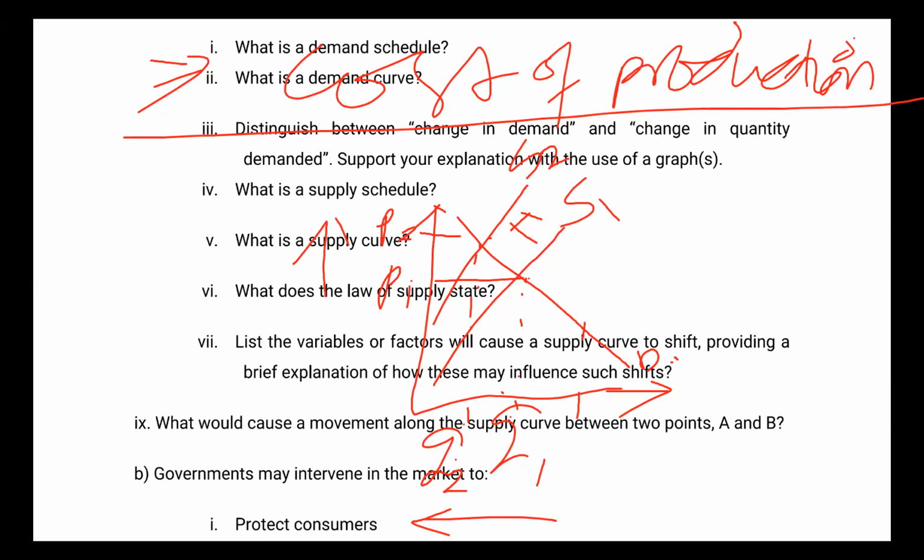When the cost of production reduces, the supply curve will shift to the right, like this. The shifting to the right will cause the quantity supplied to increase to Q2, the one that is in blue. Hoping that people are understanding what I'm trying to say. Does someone have any question?